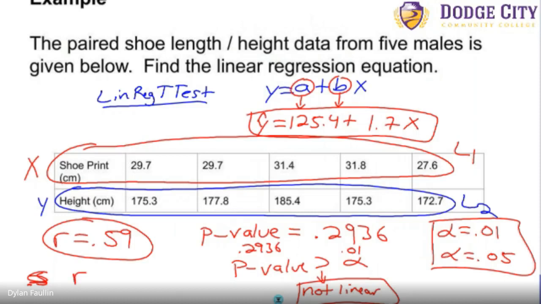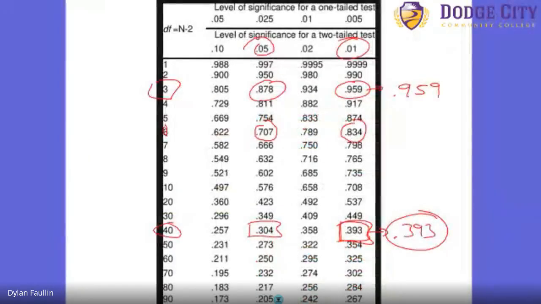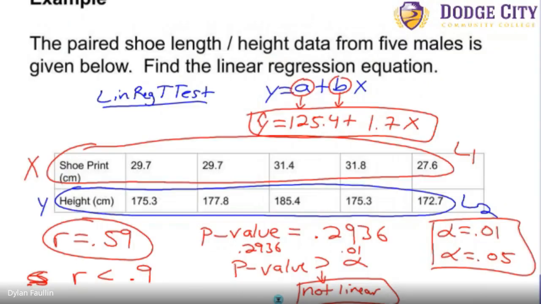But this R is smaller than 0.959. So this value of R is less than this critical value. And because that R is smaller than the critical value, we conclude it's not linear. If our value of R from our sample is bigger than the critical value, then that's when we conclude it's linear.